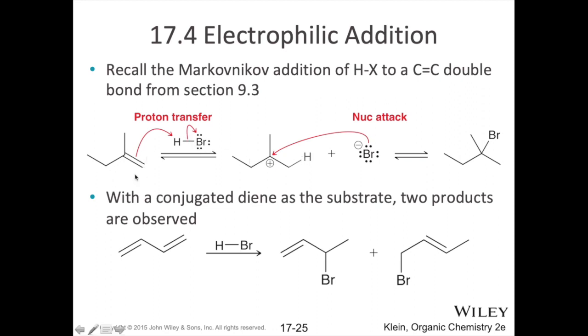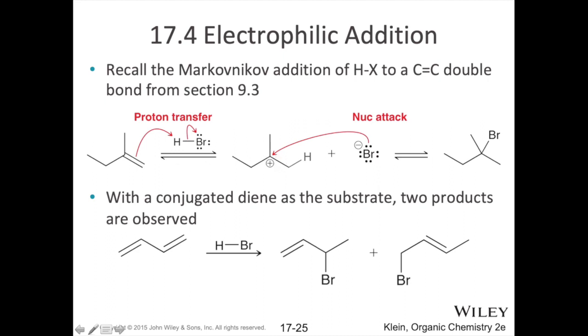Our alkene basically does a proton transfer, picks up the proton from our HBr here, and our bromide ion that's left over then attacks the resulting carbocation to form the corresponding alkyl halide. Okay, and it follows Markovnikov's rule because this carbocation is more stable than the alternative.